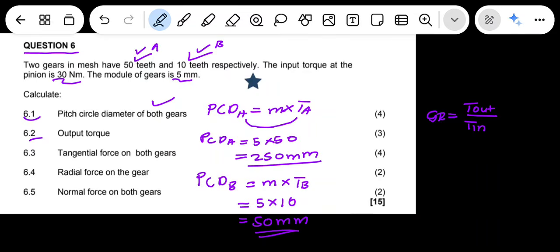If we want the output torque, we multiply, so the output torque will be the gear ratio multiplied by the input torque. So we have to find the gear ratio first.